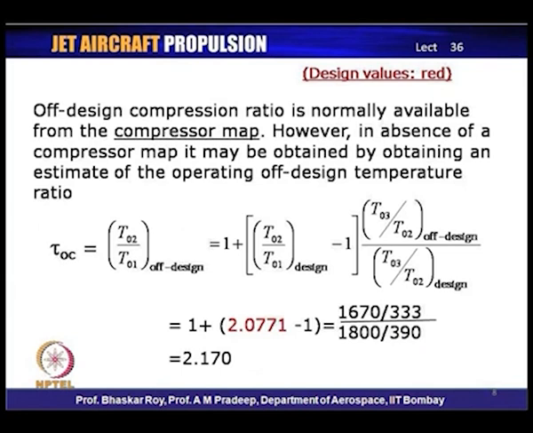If we move forward and try to find out what the compression ratio would be at this off design condition, we need to make use of whatever is available at hand. Ideally, if the compressor has been fully designed, you may like to have the compressor map made available to you, and then you can find out what the compression ratio would be under the off design condition.